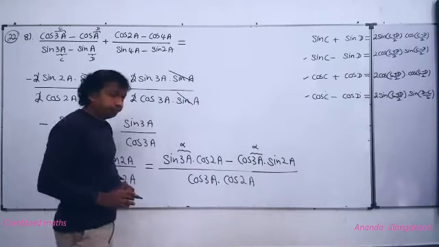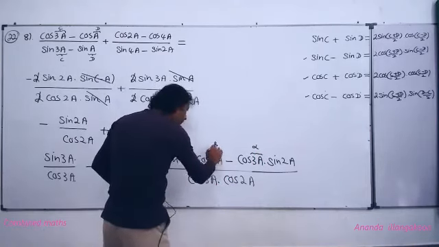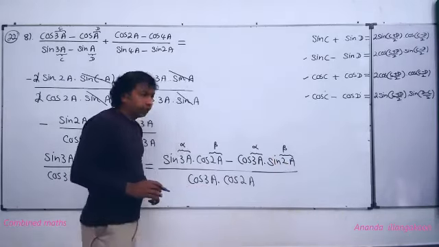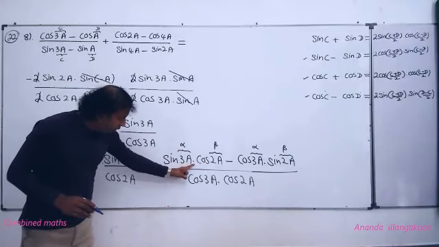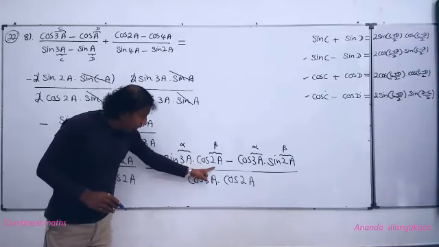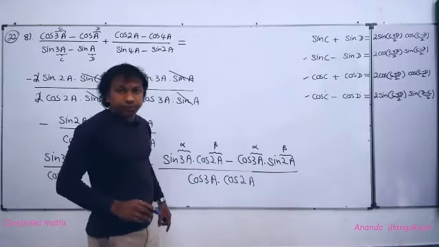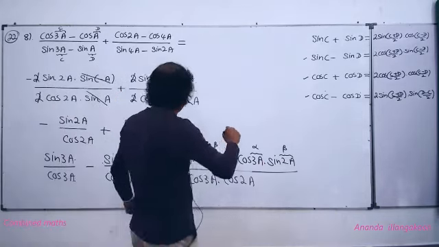Right. This 2a, people, I am going to consider as beta, then this 2a is also beta. Then see what we have here, sin alpha into cos beta minus cos alpha into sin beta. People, just consider this expansion, right?